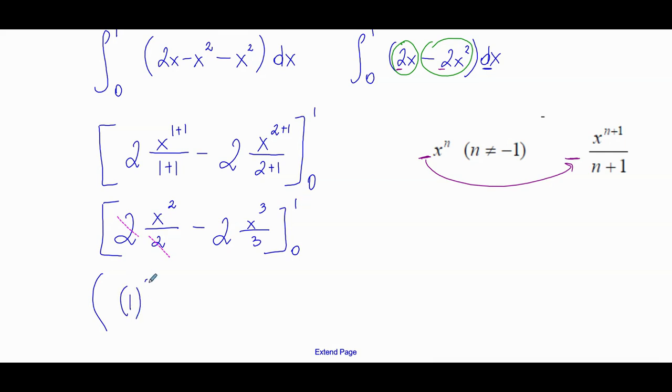So we're going to have 1 to the power of 2 minus 2 multiplied by the fraction, 1 instead of x, to the power of 3 over 3. And that again minus, and again our function, but this time we're replacing x with the lower interval, in this case 0. So it will be 0 to the power of 2 minus 2 multiplied by the fraction, 0 instead of x, to the power of 3 over 3.